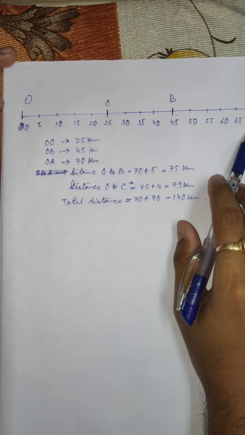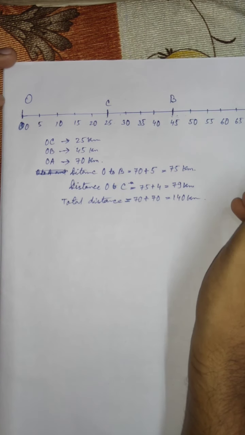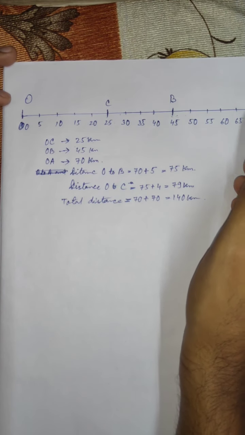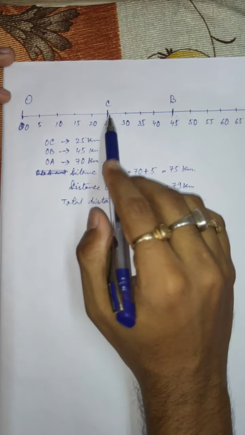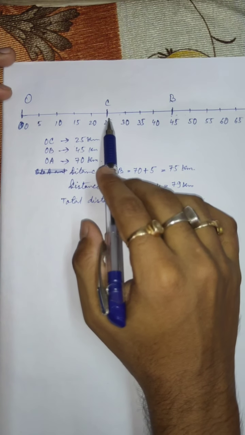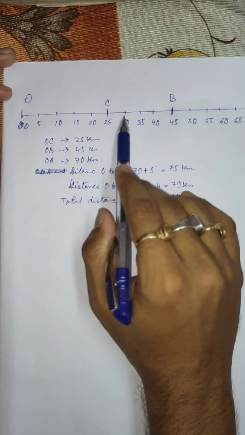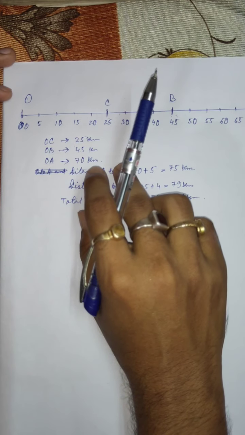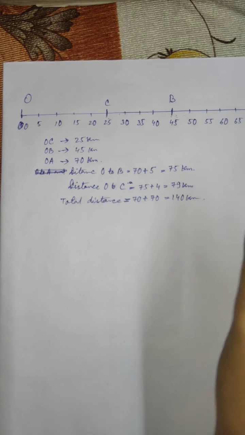When it reaches A, displacement is 70 kilometers. But if the object starts from C and goes to B, then displacement will be only 4 kilometers. This way, it is just the difference between the initial position and the final position.